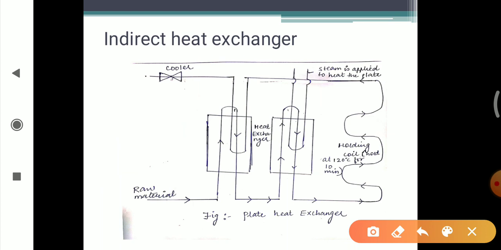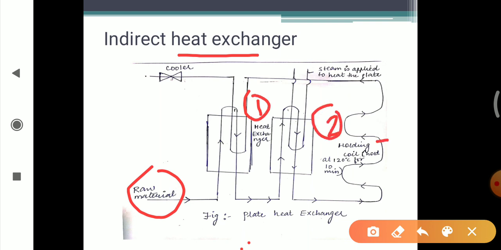Heat exchanger means transfer of heat from one phase to another phase. Usually in this method, the raw material is passed first through a heat exchanger, then through a holding coil, and again it is passed to the third one, that is the cooler.